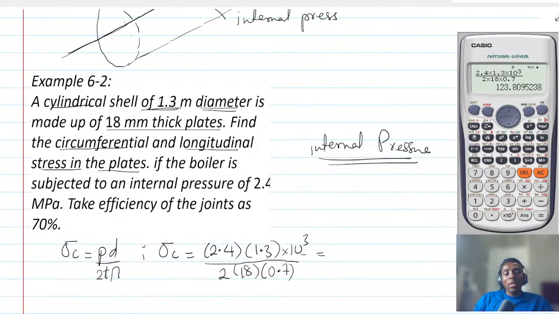So we are getting 123.89, so let's say roughly 123.81 megapascal.